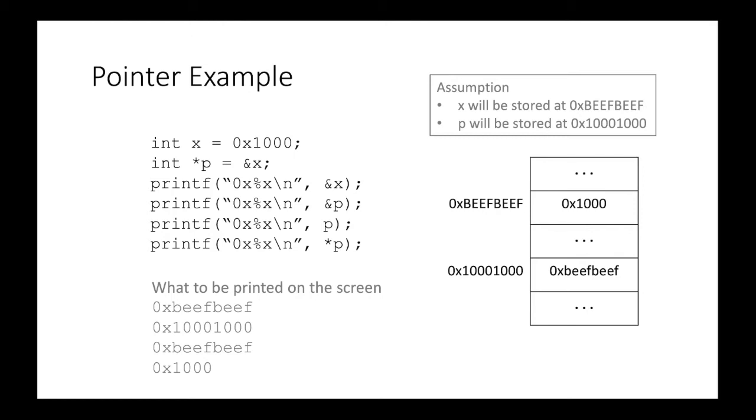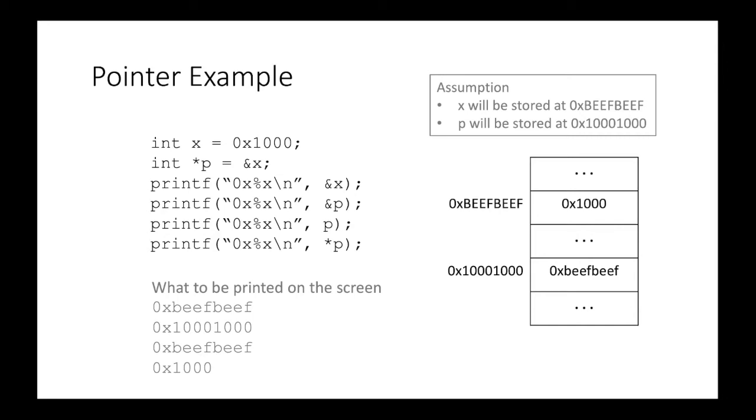Here's another example. We have the integer variable x and initialize it with hex 1000, and we declare the pointer variable p, int star p, and initialize it with the address of x. Here we assume that x is stored at memory address hex beef, and p is stored at memory address hex 1000.